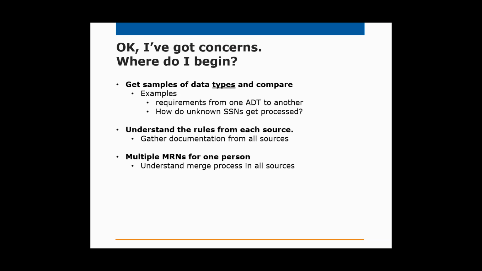So getting samples of the data types and understanding the different data types that you have, comparing those from one source to another. So if you have 5 sources, you want a data type from each of those and understand the differences, because sometimes I've worked in an entity where there were messages from Epic, Allscripts, Centricity.